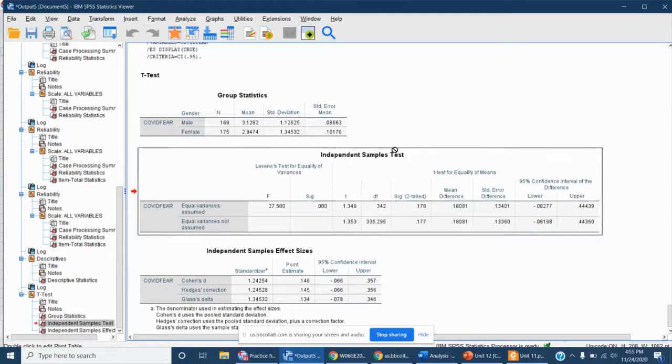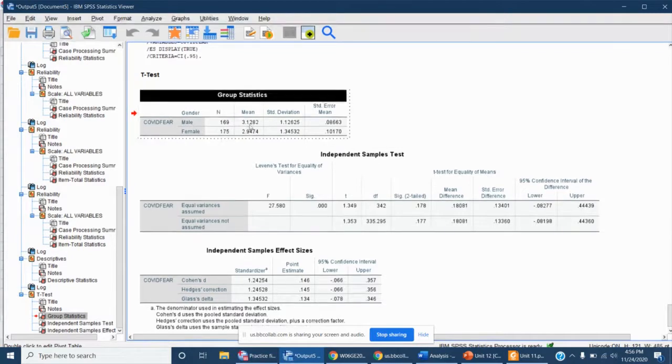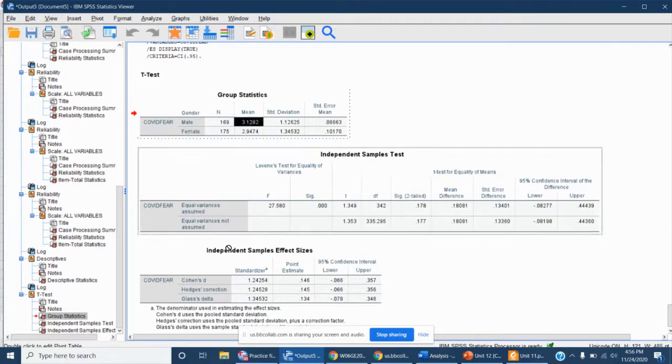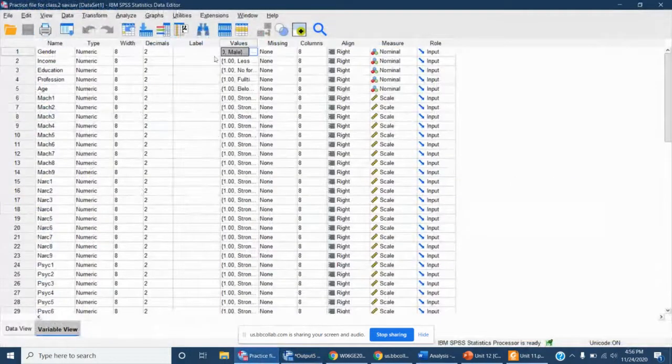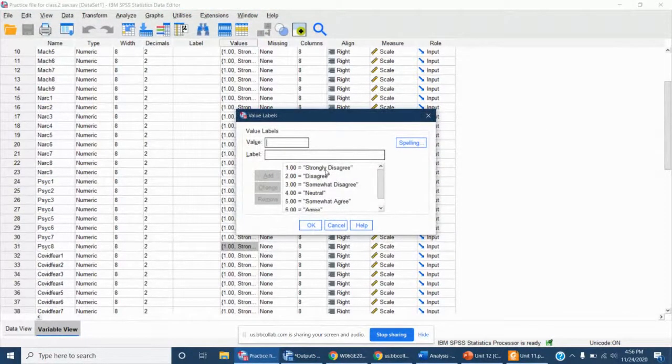First of all, I will look at the group statistics table. If I look at males, their mean is 3.1, and if I look at females, their mean is 2.94. Remember that in our analysis, COVID fear was measured on a scale of 1 to 7, where 1 stands for disagree and 7 stands for strongly agree.